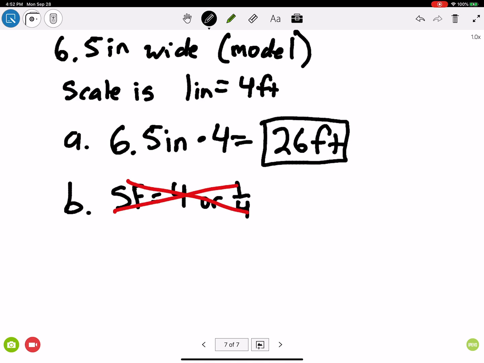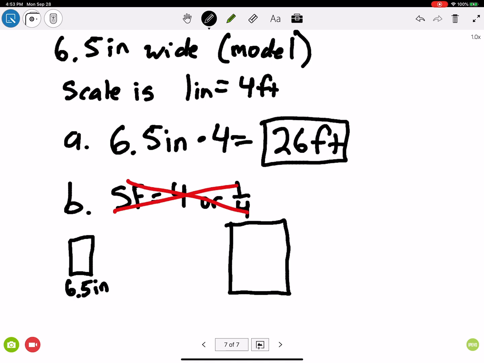I'm looking at something that's 6.5 inches wide on a plan, and in real life, it's 26 feet. Clearly, this is not the scale.